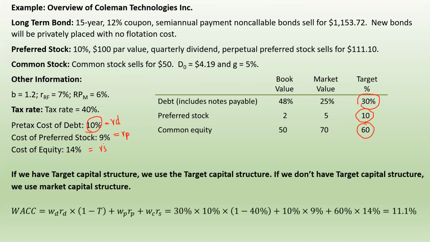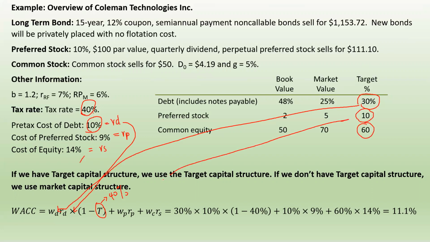Then we just plug in those numbers. 30% plugs into WD, the weight of the debt. RD goes here. The tax rate here is 40%. This is given here. WP is 10%, from the target capital structure.